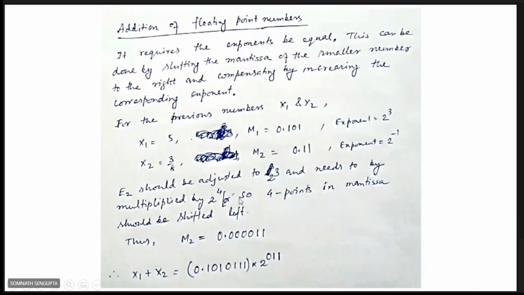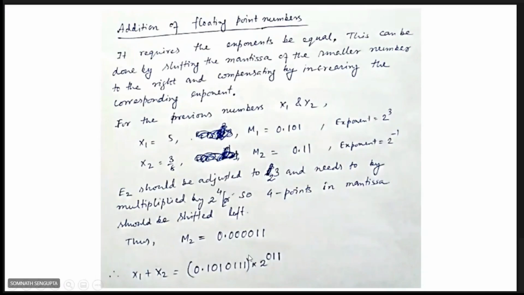So for the number x2, the exponent we want to keep at 2 to the power 4. You have to adjust the mantissa this way: the binary point should be moved left by 4 units, so that you can increase the power of this number to 2 to the power 4.